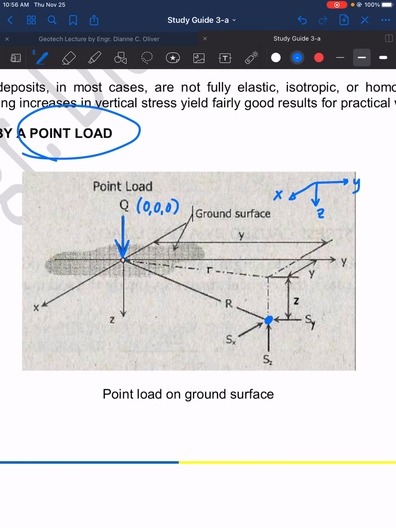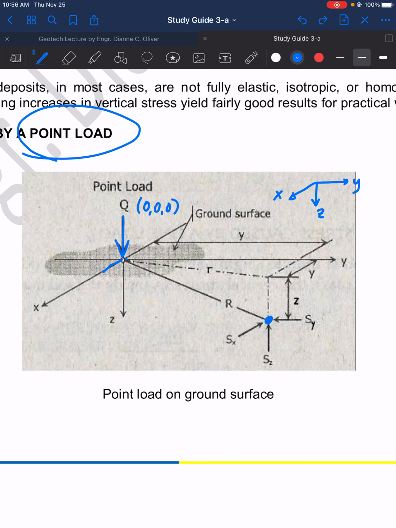The point is located at Y, at X, and downward Z.